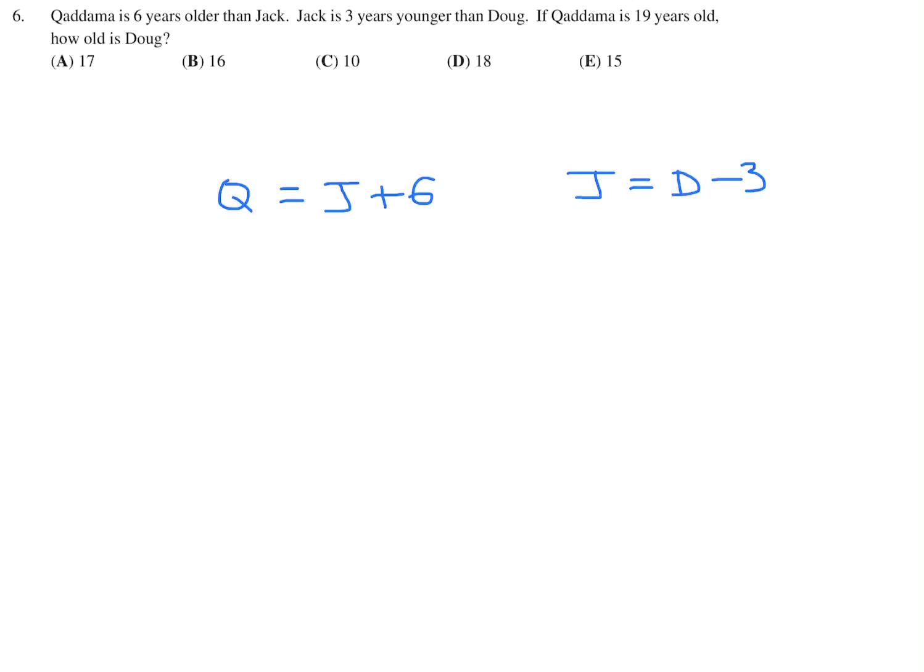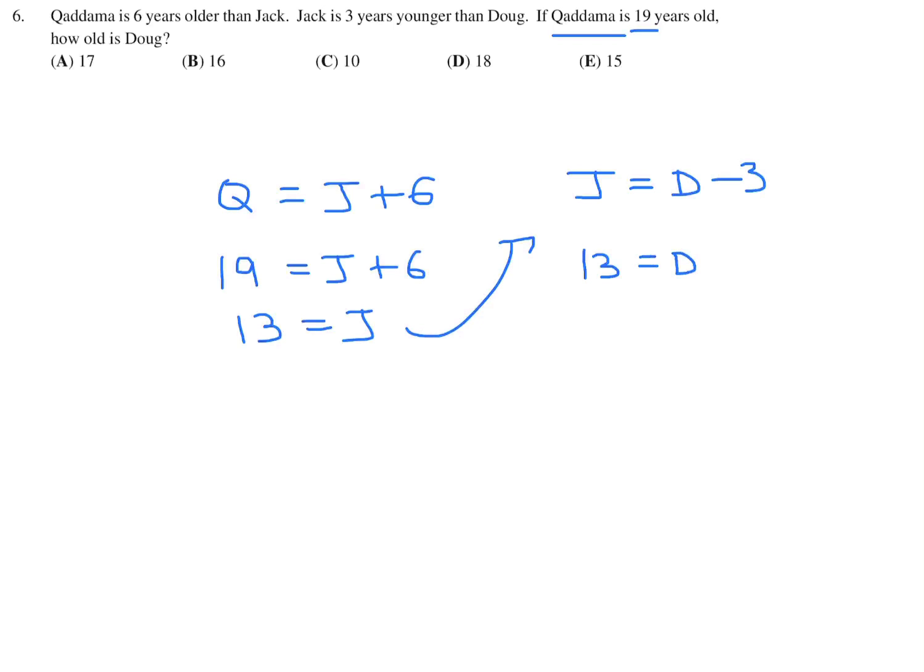So J is equal to D minus 3. And they give you the age of Kadama is 19. So we can plug that in to solve for J. So J is equal to 13. And then plug that in here, and we'll get 13 is equal to D minus 3. And therefore D is equal to 16. So Doug is 16 years old. Number 6, the answer is B.